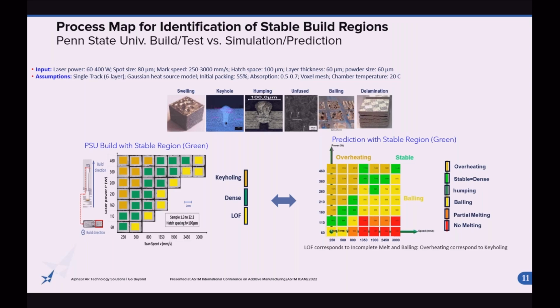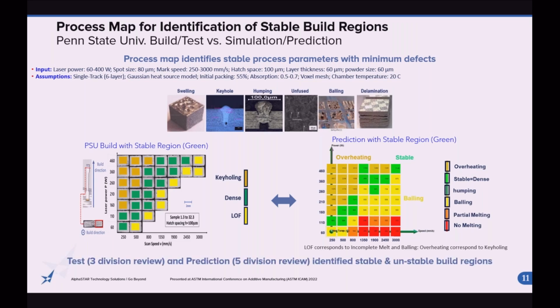But overall, if you compare the 2 systems, you can see there is good agreement in general about what is the stable region and what is not, or what is unstable in terms of process parameters related to the build. So you can see the utilization of such a tool, such a product, can help you define what are the first assumption process parameters that you need to use to minimize defects.